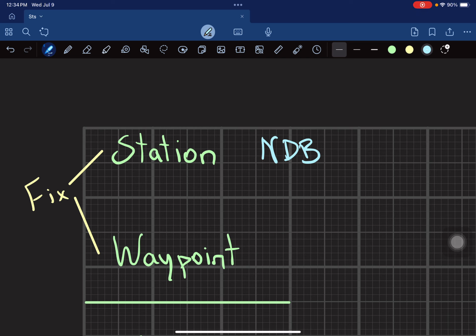These days, we still have VORs around, very high frequency omnidirectional range. And nowadays, we also use a lot of GPS waypoints.